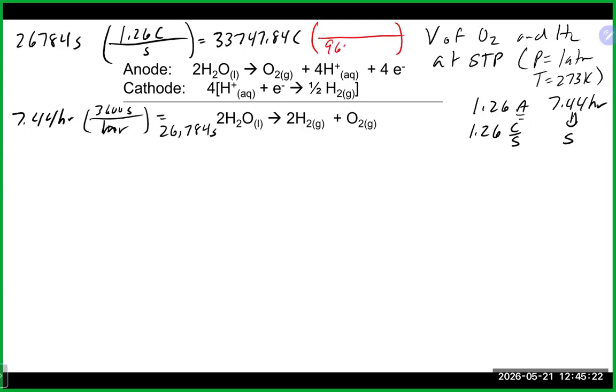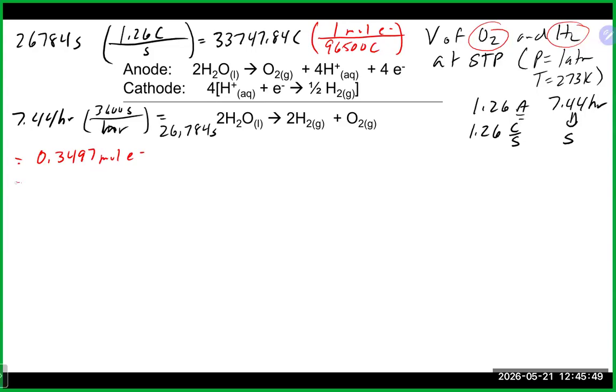And that's 96,500 coulombs is 1 mole. And again, that is a constant. And I'll just pop the number over here and we will end up with 0.3497 moles of electrons. In this case, we are interested in both oxygen and hydrogen, so we are going to go to both half reactions to get the moles of each of those.